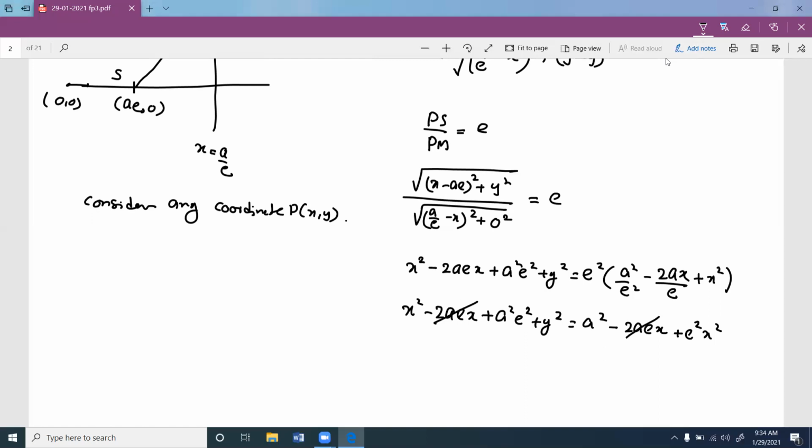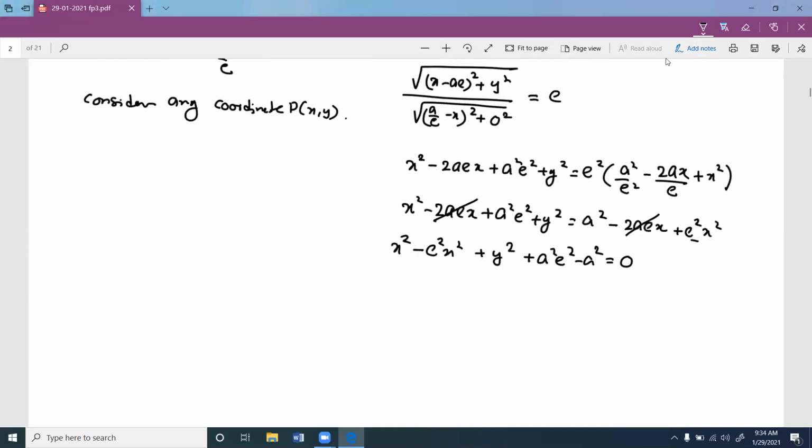Then I'll take this x squared term to the other side, minus e squared x squared, then the y squared term just like this. From these two I can say a squared e squared minus a squared equals 0.